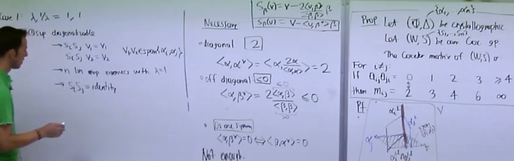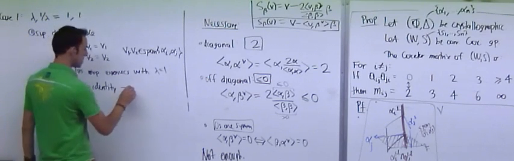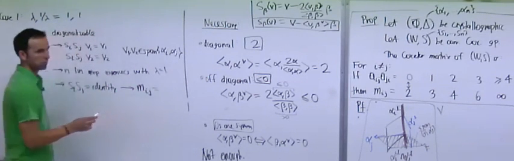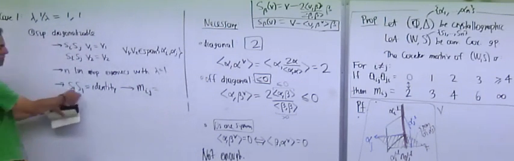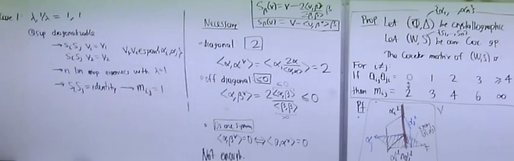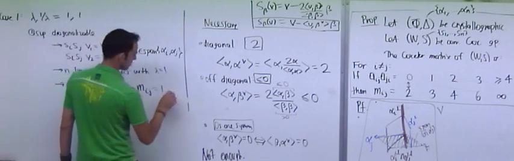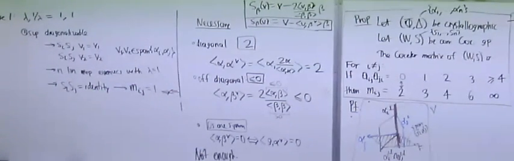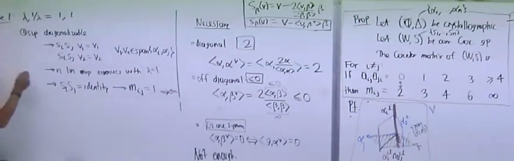Okay. And if Si Sj is the identity, then Mij is the order of the identity, which is 1. And that leads us to a contradiction because we had assumed that Mij was greater than or equal to 3. So that means that case 1 cannot be.